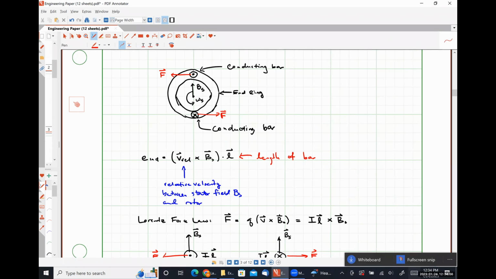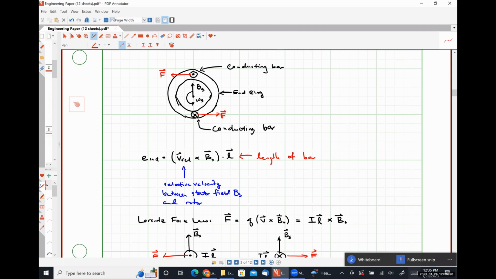So what happens if I have a structure like this, and at the top, I'm pulling it to the left, and at the bottom, I'm pulling it to the right? I start to turn it, right? So I have induced rotation.